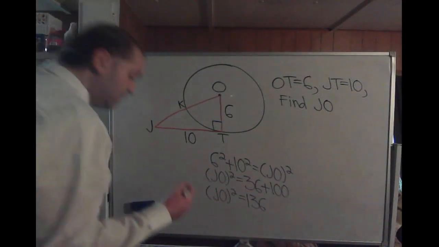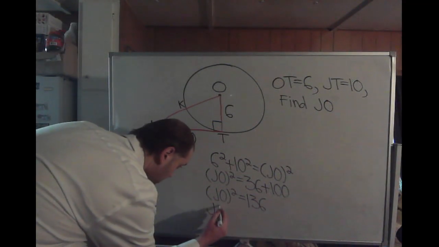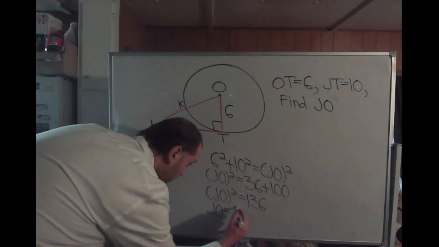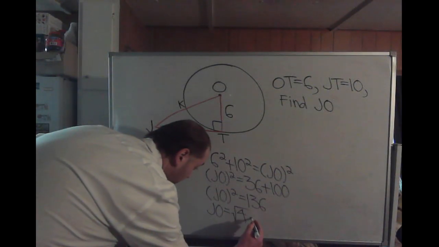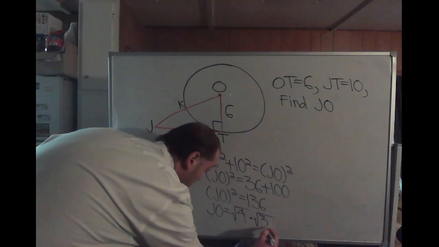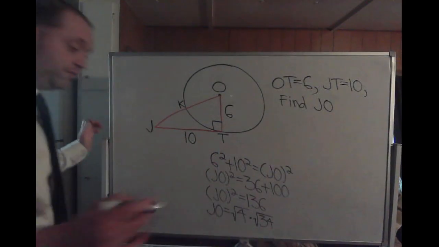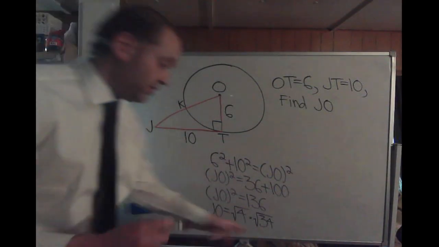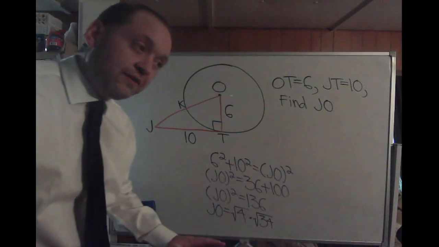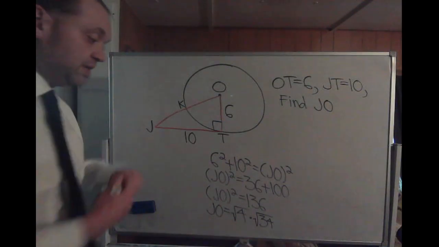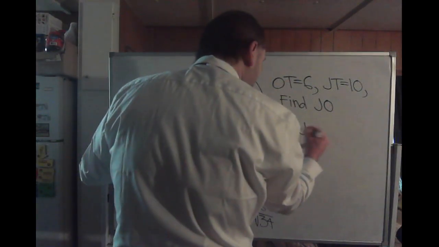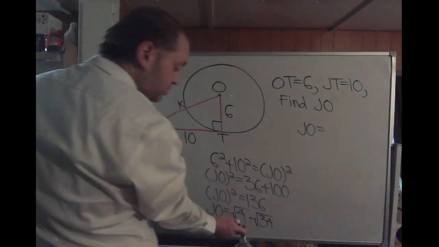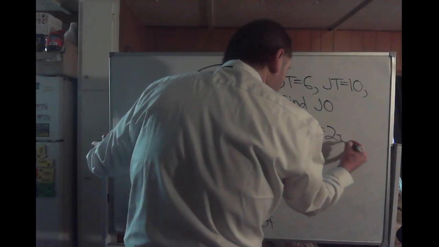So you could have JO is equal to the square root of 4 times the square root of 34. Well, we know for a fact that the square root of 34 has no way to break down any further, but the square root of 4 does. So the length of the hypotenuse, JO, would be equal to 2 times the square root of 34.